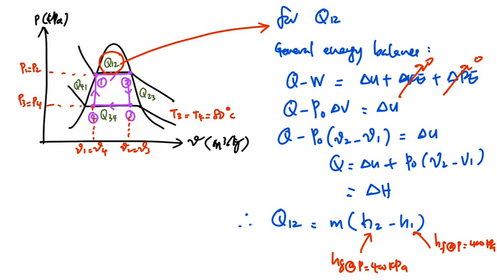Since delta U plus PV can be represented by delta H, the final formula for Q12 equals M multiplied by H2 minus H1. The values for H2 and H1 we can get directly from table A5.